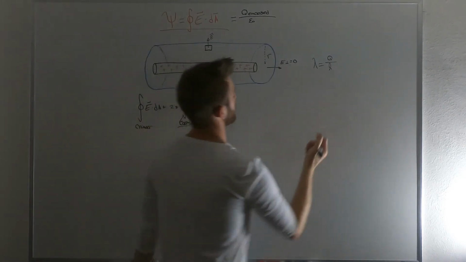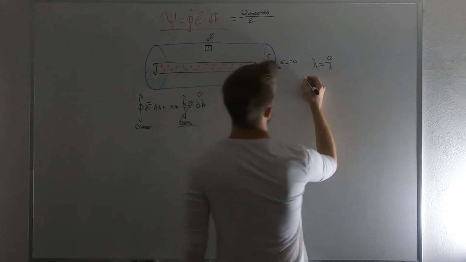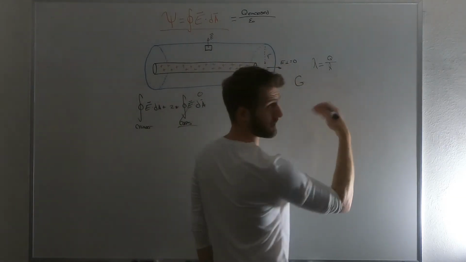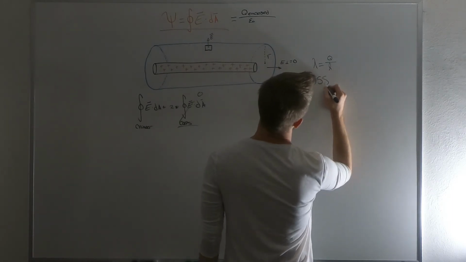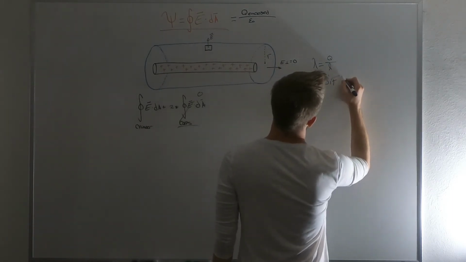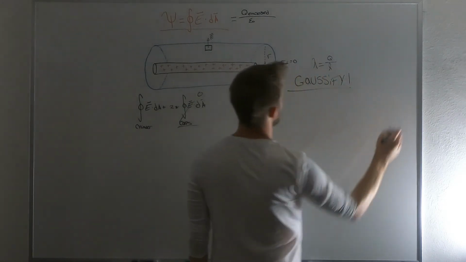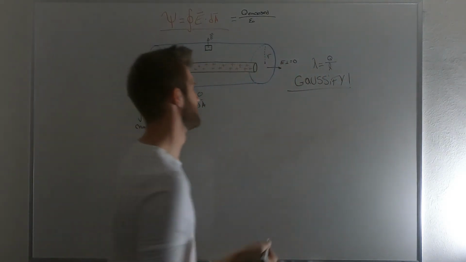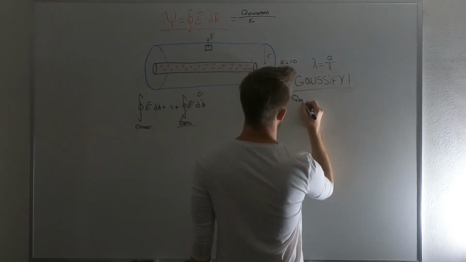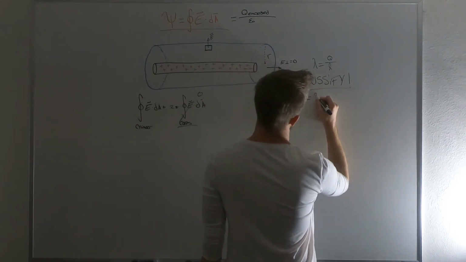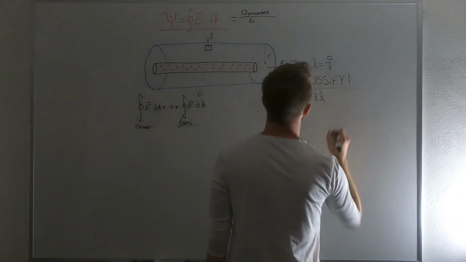So let's rearrange this, and I like to call this the Gaussification process. We're Gaussifying, so we're going to bring this over. We're going to have Q, now our enclosed charge, equal to lambda times the length.